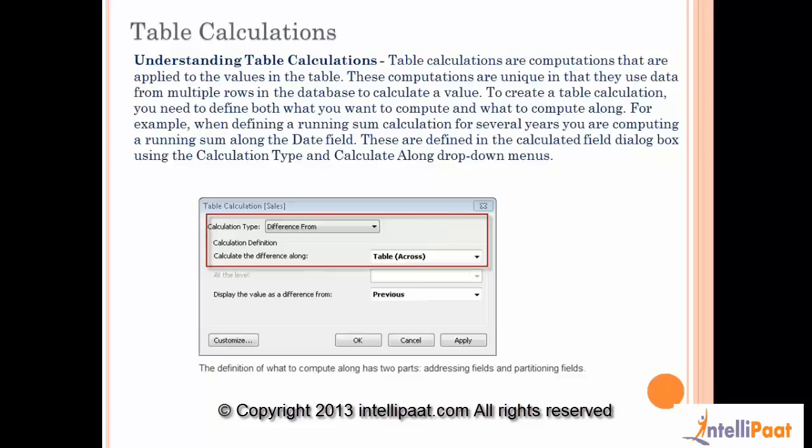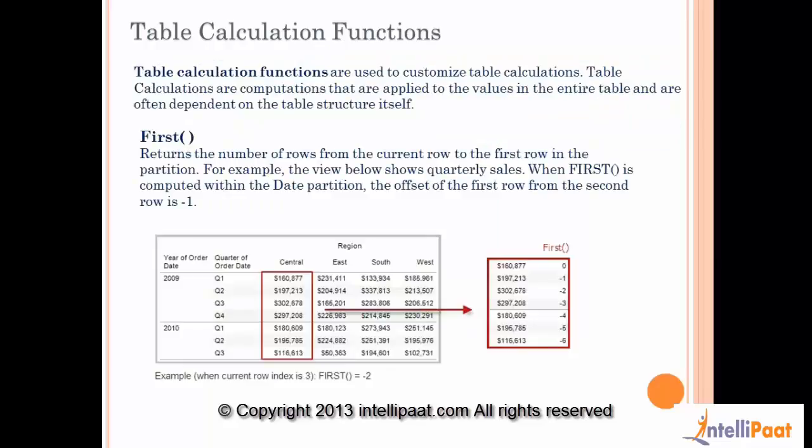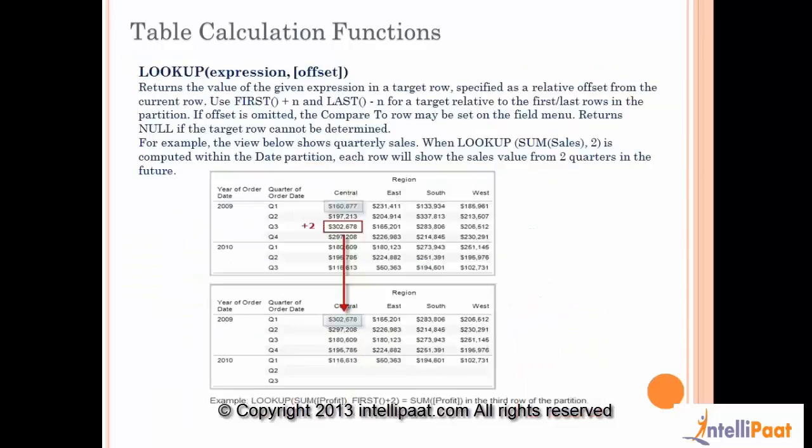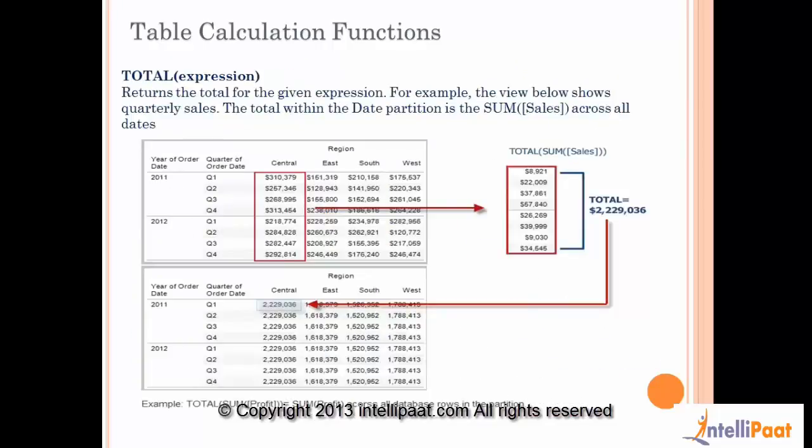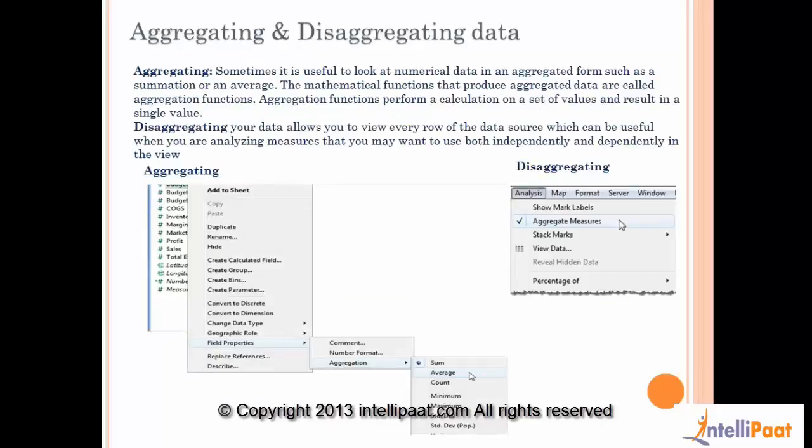You could do table across or table down, and difference from percent total and all those things. And then we saw a few of the different functions that are available, like first, index, last, and lookup, size, and then total and all these things. We did look at a couple of them, and then we went into aggregating and disaggregating data.